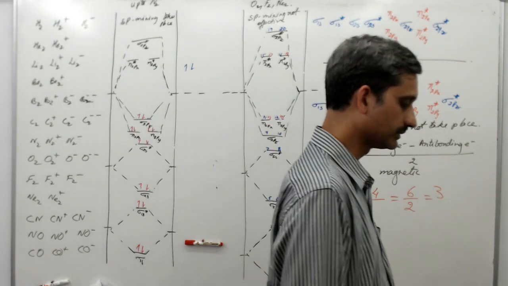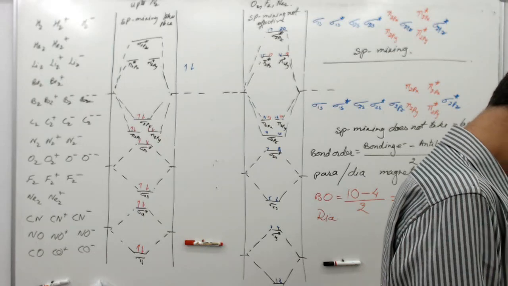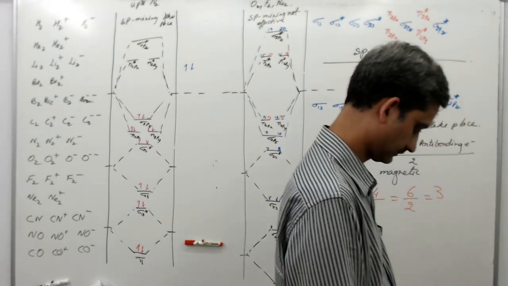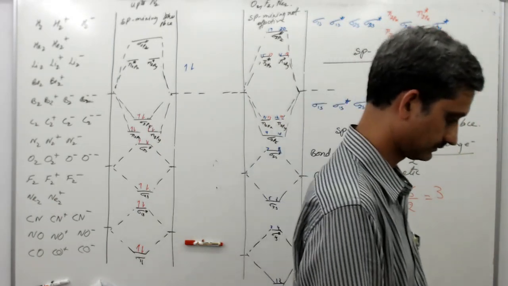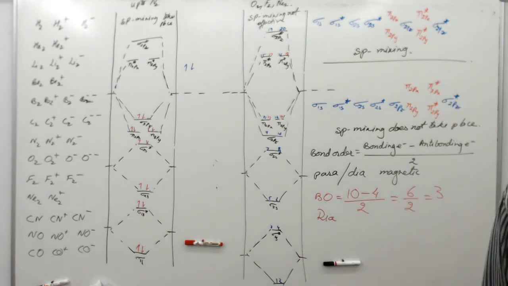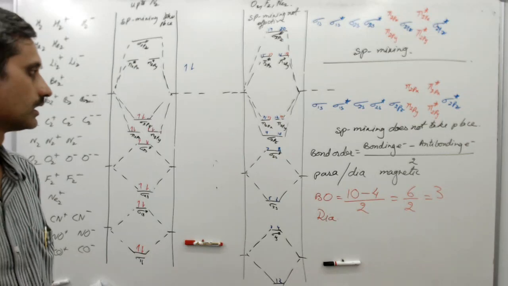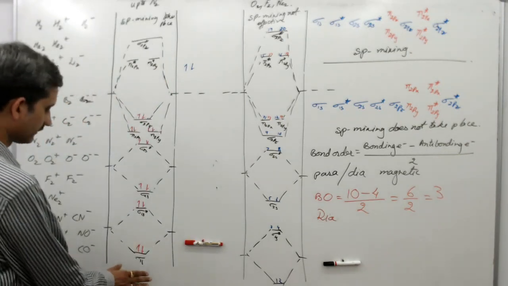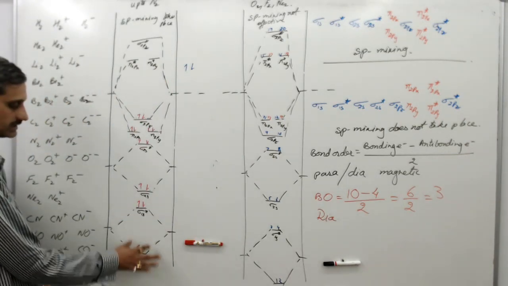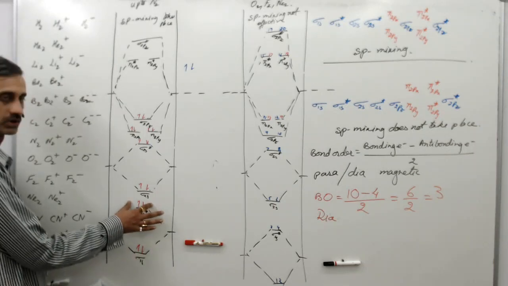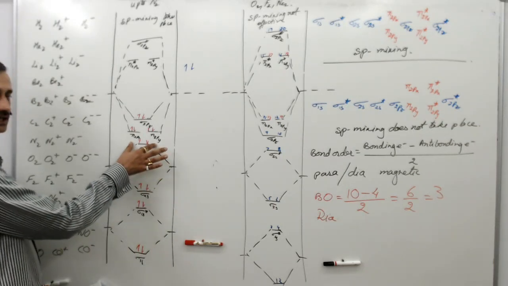How many sigma, how many pi? 8 sigma, 4 pi. Now, if I talk about this sigma, this is bonding, this is anti-bonding, they cancel out.